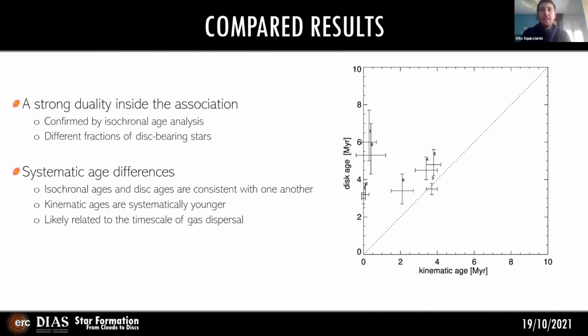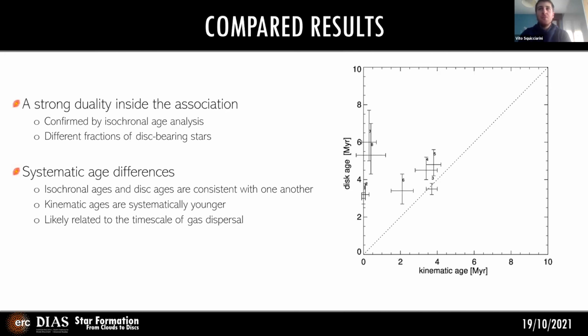And so we think that it can be related to the time scale of gas dispersal, because when we trace back the stars to the place where they were born, at some point there will be gas, and so the assumption of having a uniform motion will break down at some point.